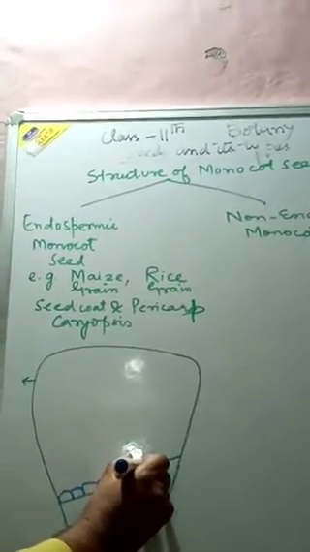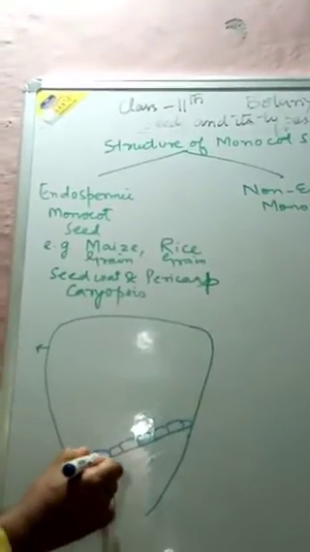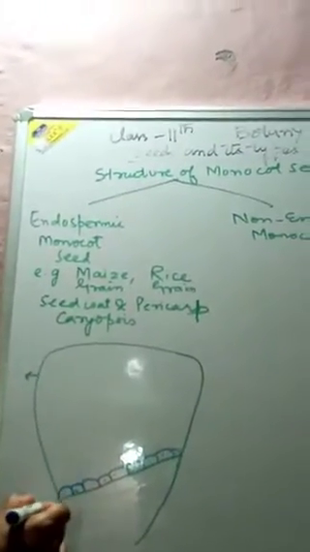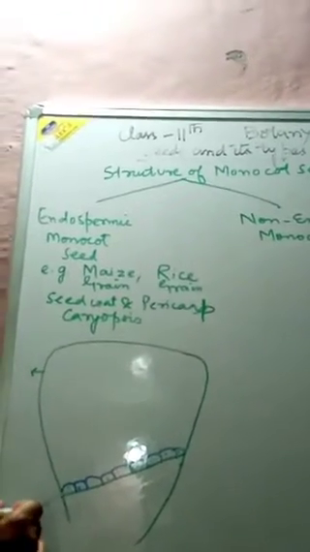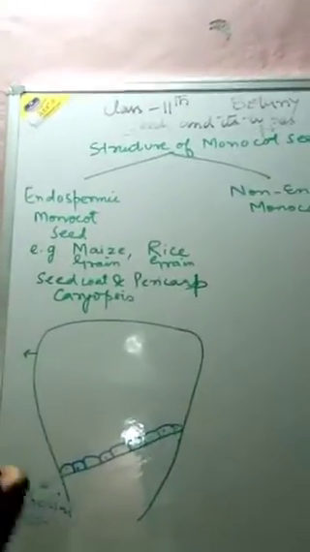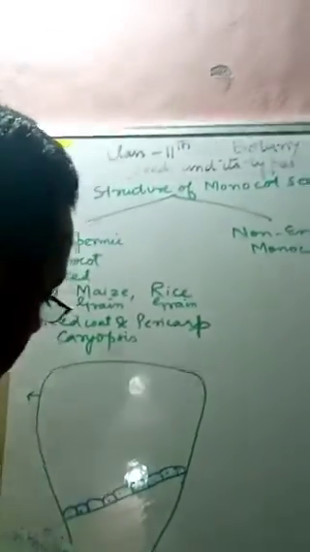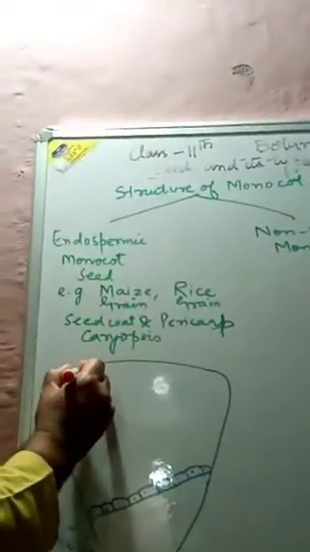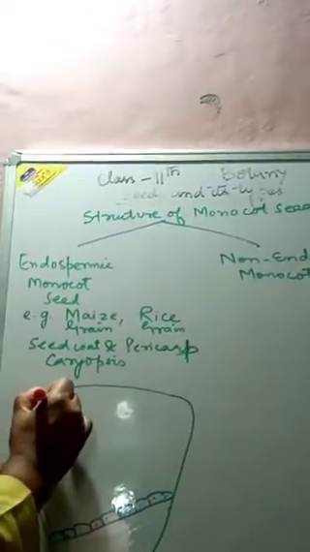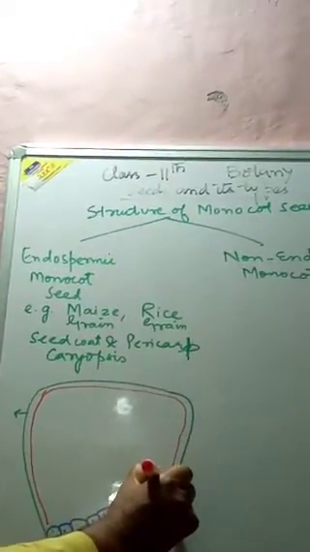This partition, which divides the bigger part and the smaller part, is mainly epithelial cells. Now this bigger part, there is a wall on the boundary of this, which is called the aleurone layer.